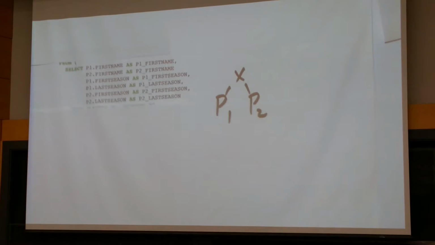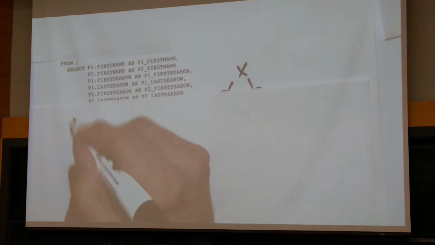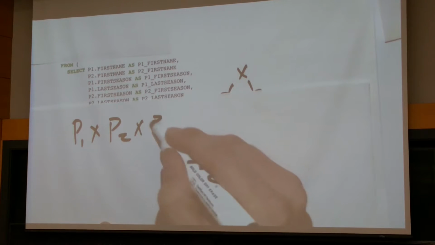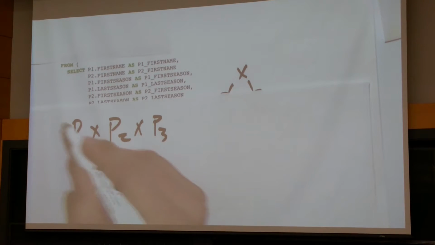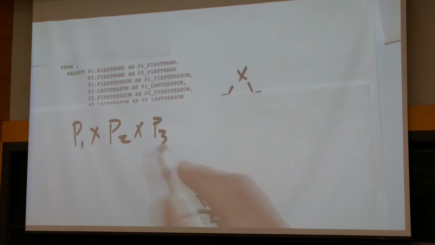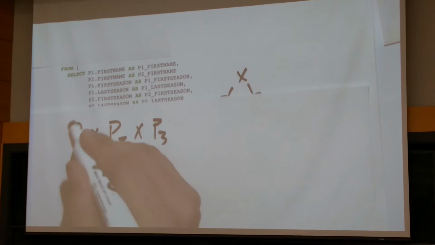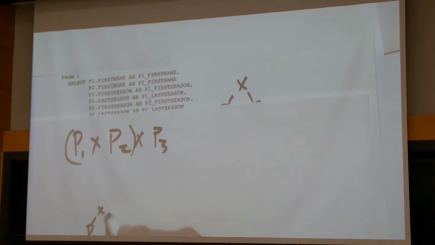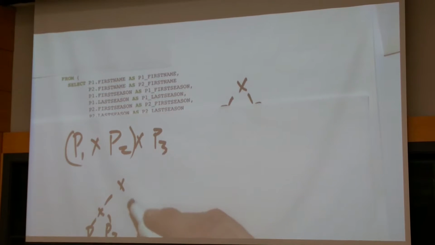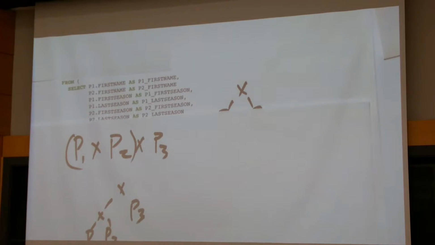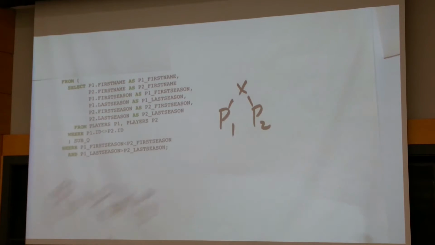So if you have P1 cross P2 cross P3, you can parenthesize this really either way. In the reference implementation, this gets turned into (P1 cross P2) cross P3. Clear?